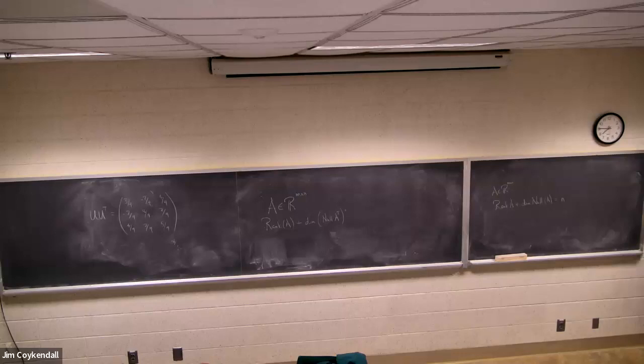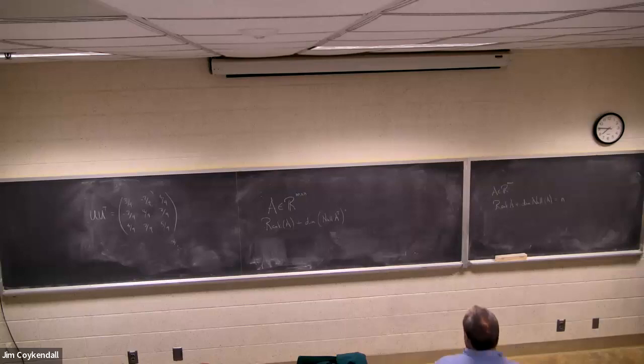I would say it this way: rank A is the number of pivot columns, and the dimension of the null space is the number of free variables, which is the number of non-pivot columns. So if you put your pivot columns and non-pivot columns together, you get the number of columns. That's essentially it.